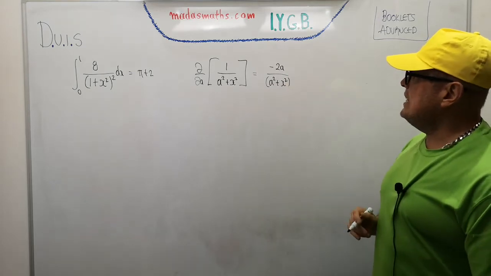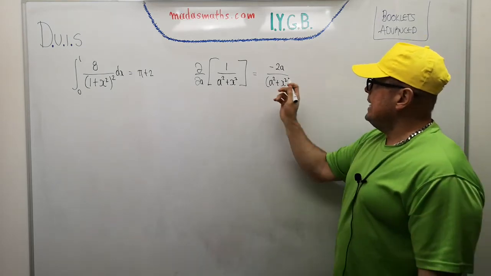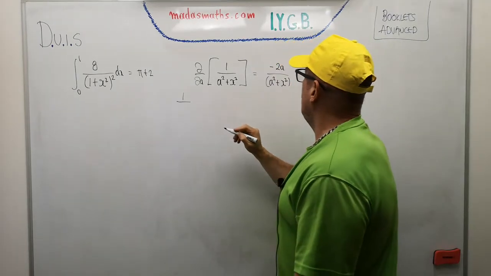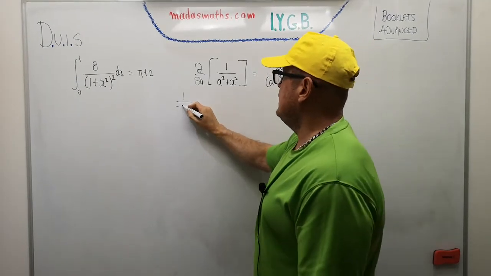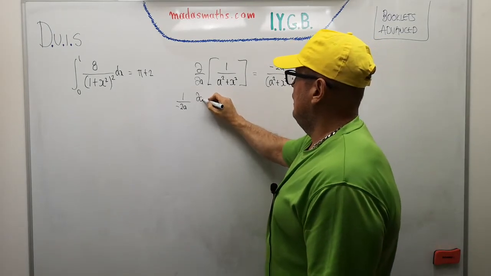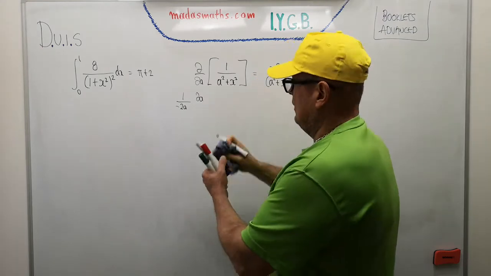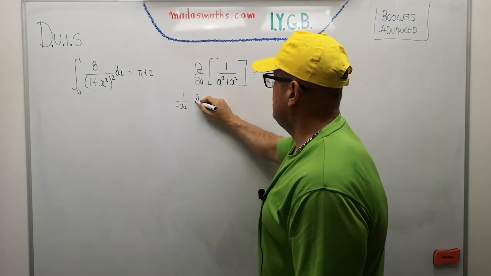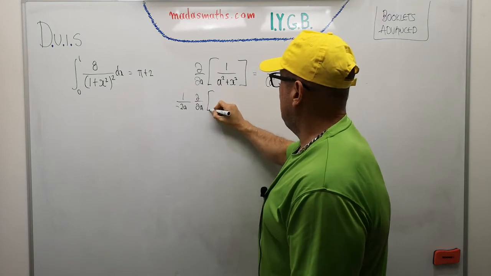So probably the easiest way to deal with something like that is to divide both sides of this equation. So we're going to move that 1 over negative 2a in front of the d by dA on the left hand side.